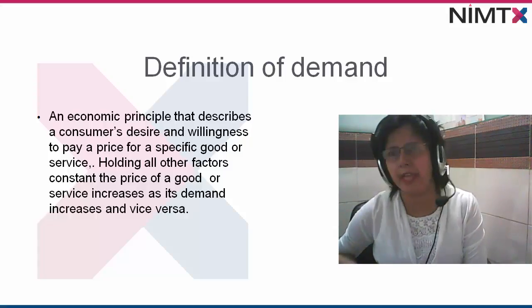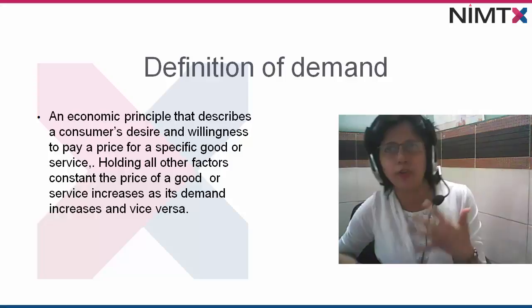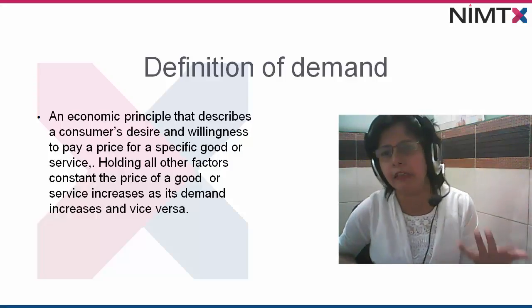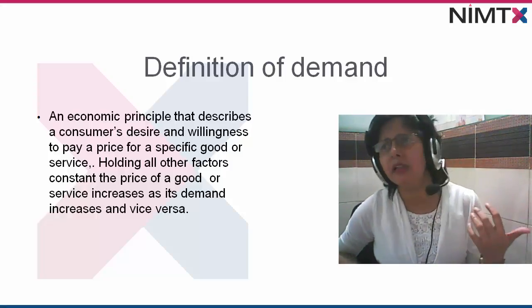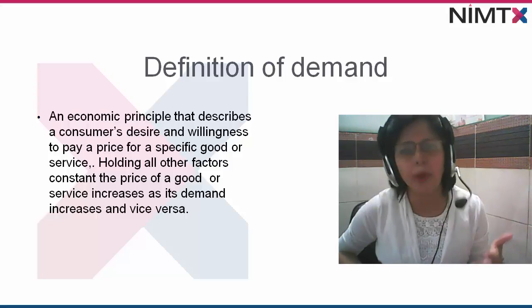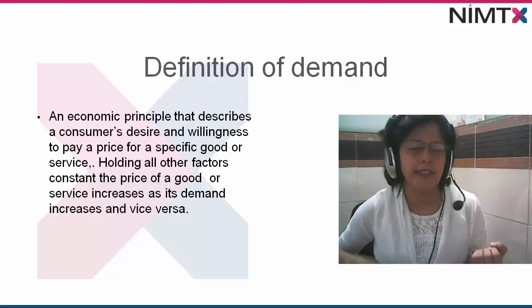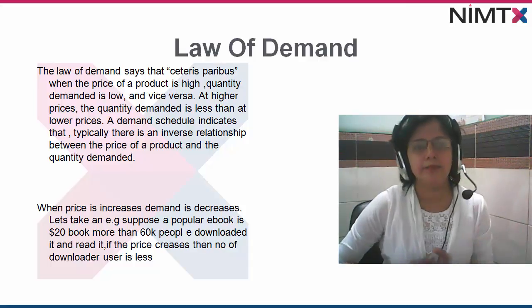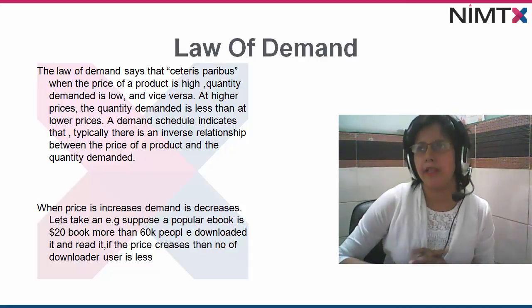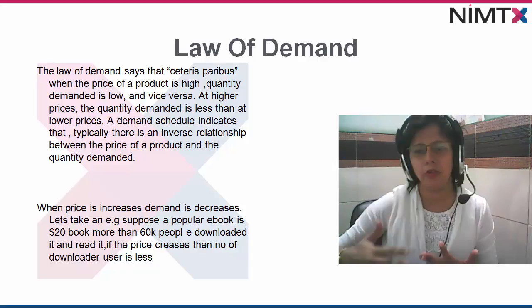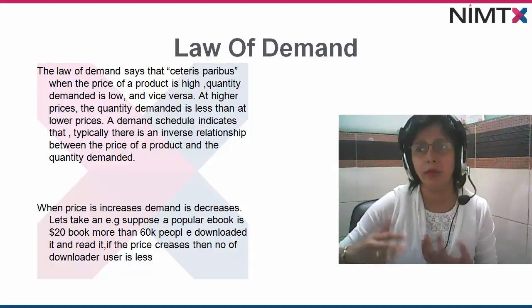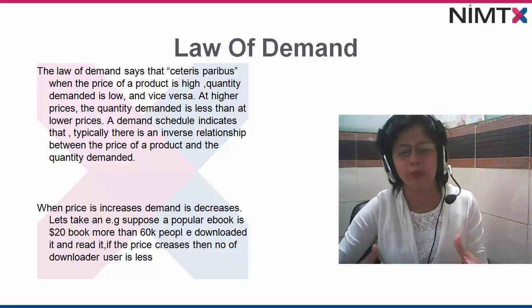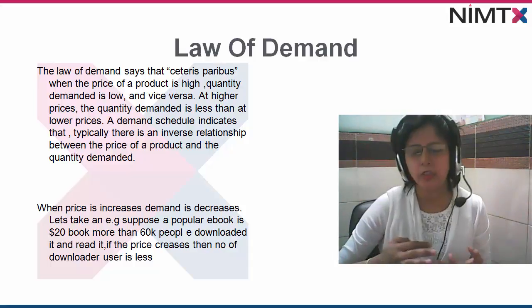For example, if the price of a tomato is increasing day by day, people are not going to buy it because the price increases and the demand gets low. But when the price of something is going lower and people are willing to purchase these things, that is called demand.